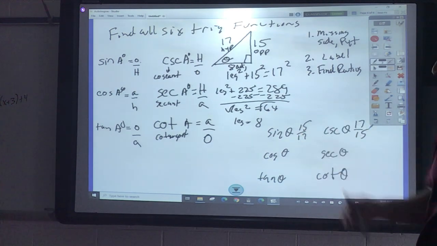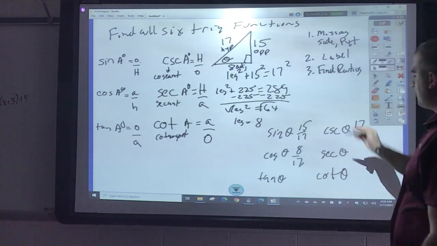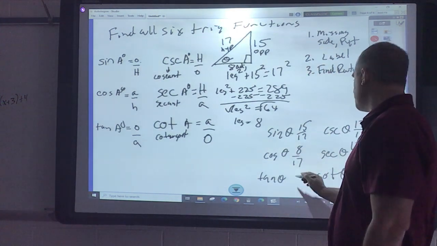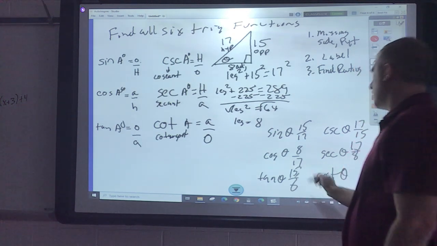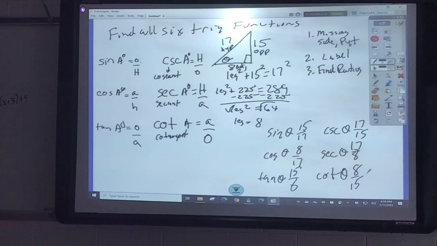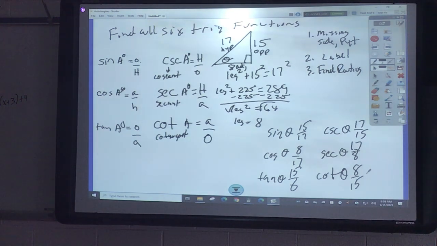Flip that starting ratio. Cosine is 8 over 17. Flip that ratio to be 17 over 8. Tangent is 15 over 8. Flip that to be 8 over 15. So that's some basic stuff there with the trig function.